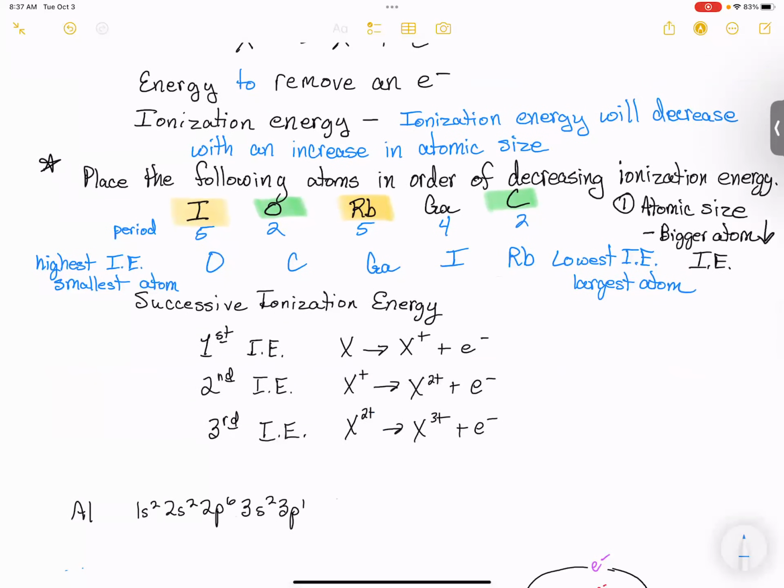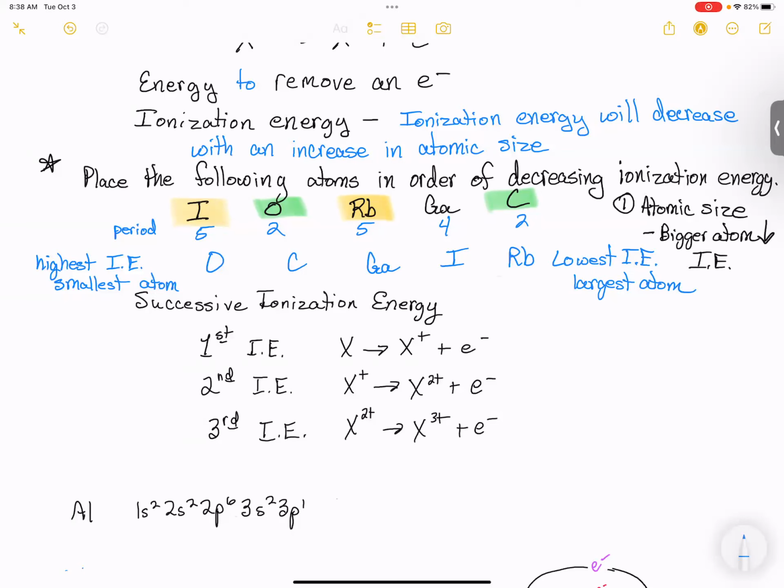Okay, so if you look back, I know we talked about it. Group 1 makes a +1, group 2 makes a +2, silver makes a +1, zinc and cadmium make +2, aluminum, gallium, and indium make +3.